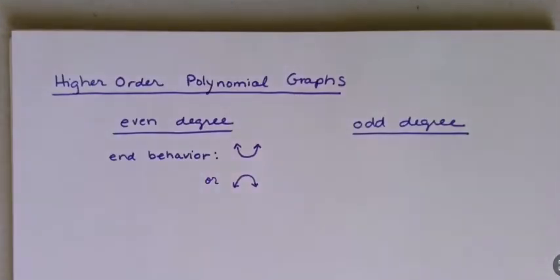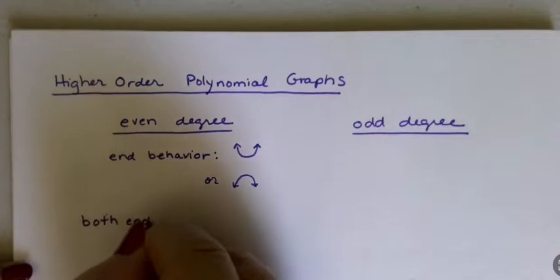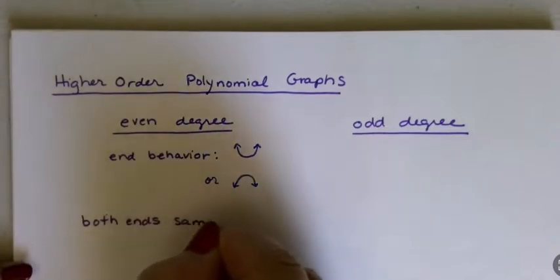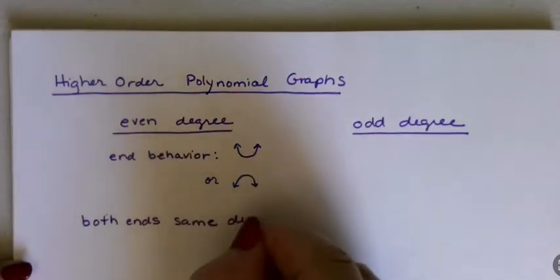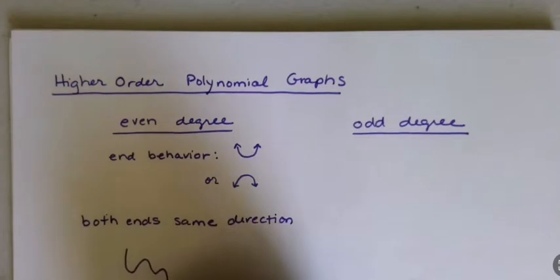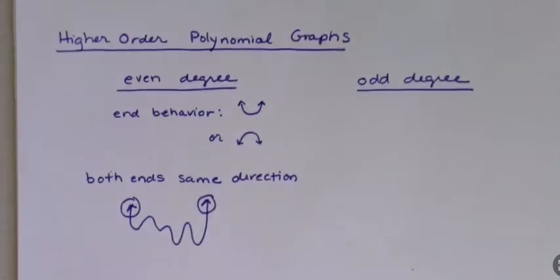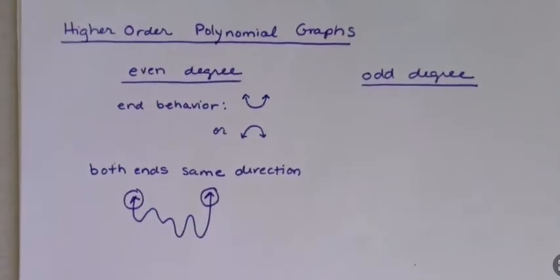But both ends go in the same direction. Now, other things might happen in the middle, right? Sometimes you got other weird things going on. But as long as the two ends go in the same direction, we can assume that this is going to be an even degree polynomial.